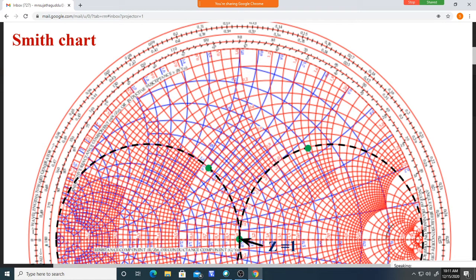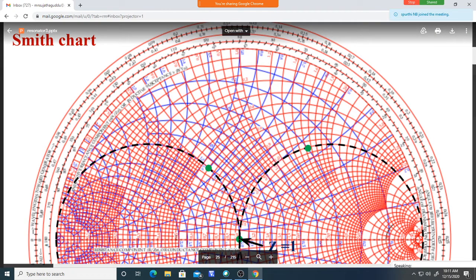For example, at this point, this is the resistance circle passing through it. What is the value of resistance here? It is some value, you can read 0.4 here. This is 0.6, so 0.5, some value.